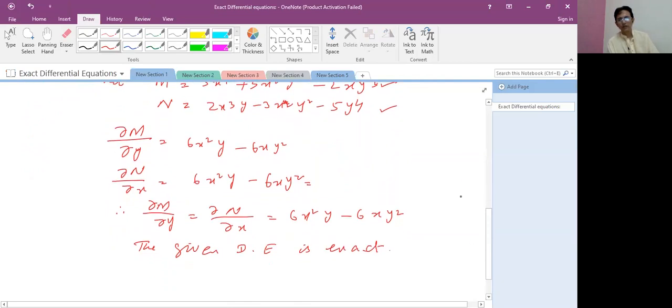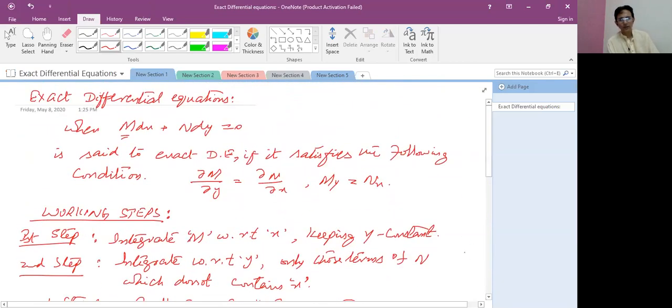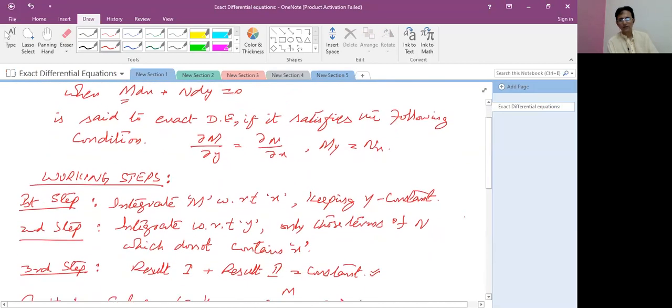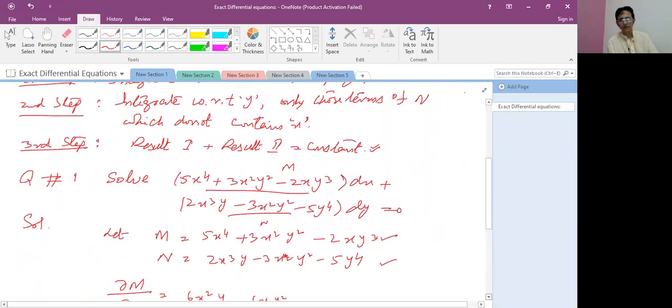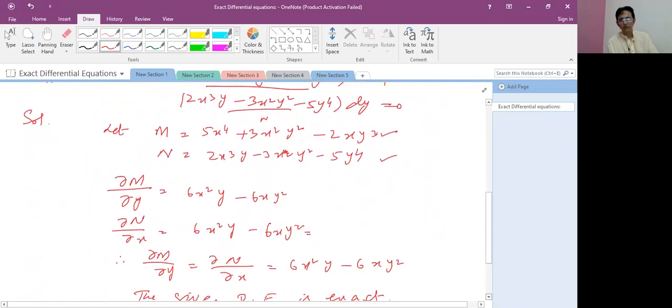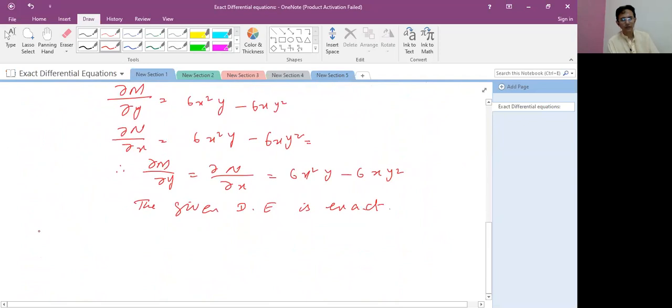Then we apply the steps. Integrate M with respect to x, keeping y constant. Step number 1. After we determine the given differential equation is exact or non-exact, and since it is exact, the first step is the integral of M dx.